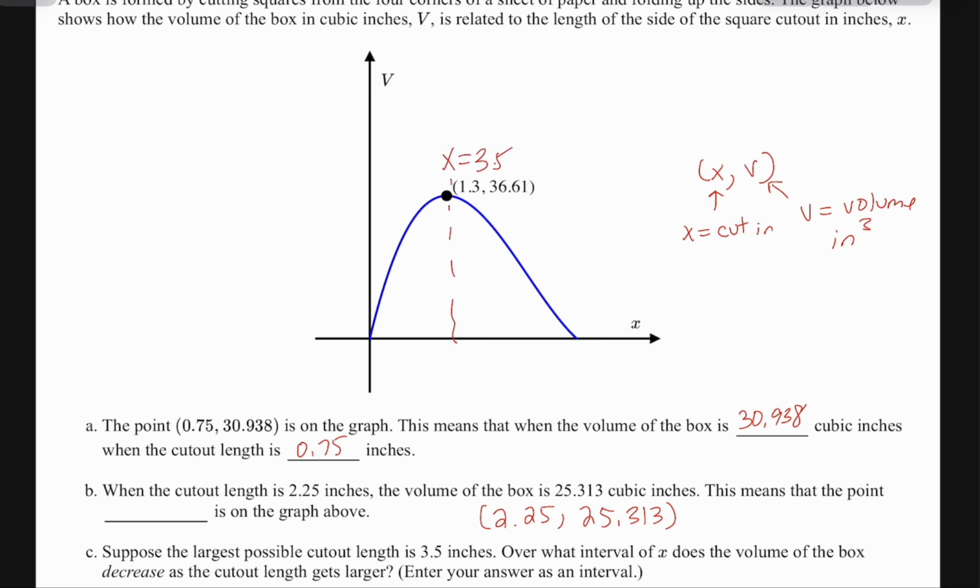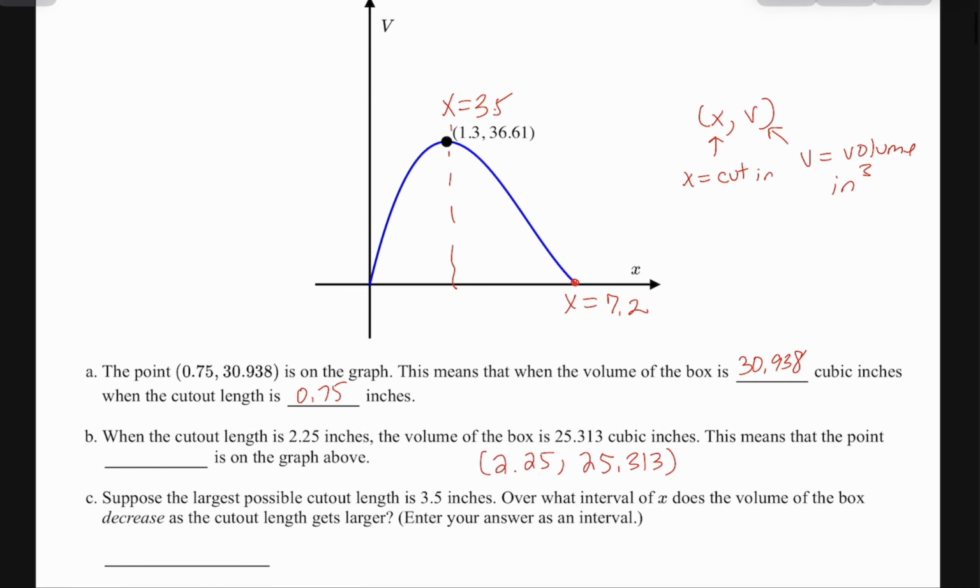And it looks almost like this is just a bit more than double that. So that looks to me like it's somewhere about 7.2. So my point is totally wrong, but they say that it goes from 1.3 to 3.5.